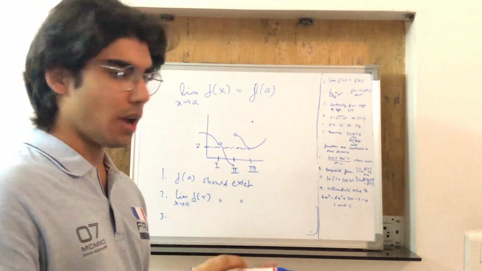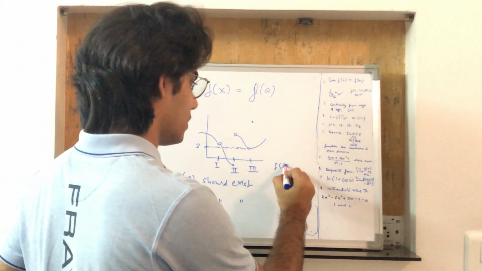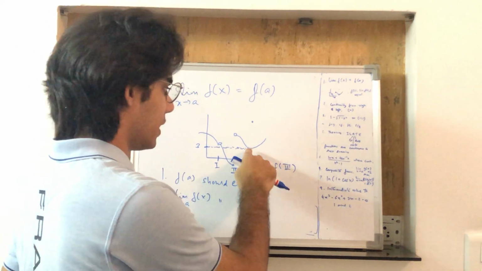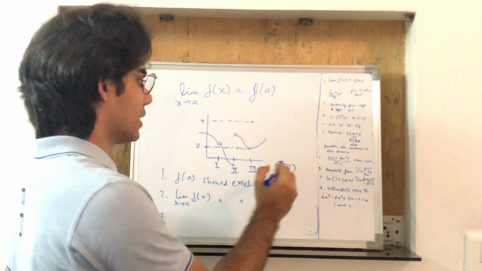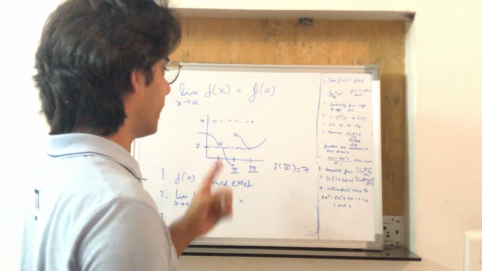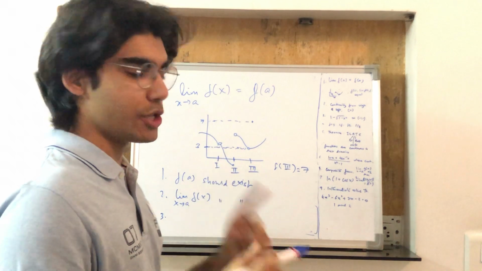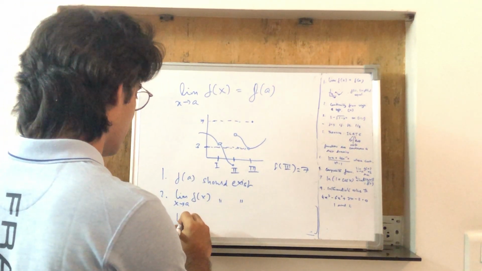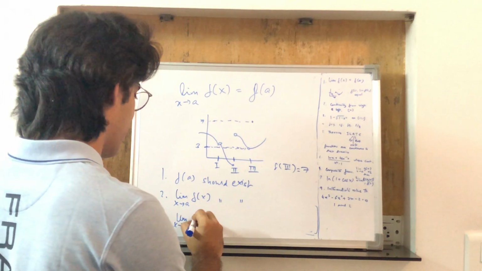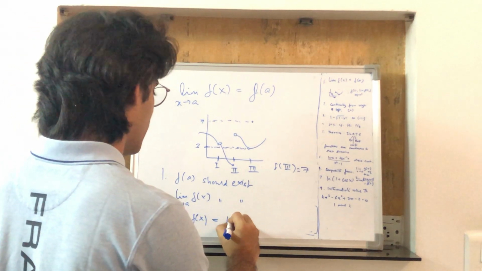However, f of 3, this value, is not this, it's this, which is around, let's say, 7. So this is 7, while the limit is 3, which means that the third condition is that the limit as x tends to a of f of x should be equal to f of a.